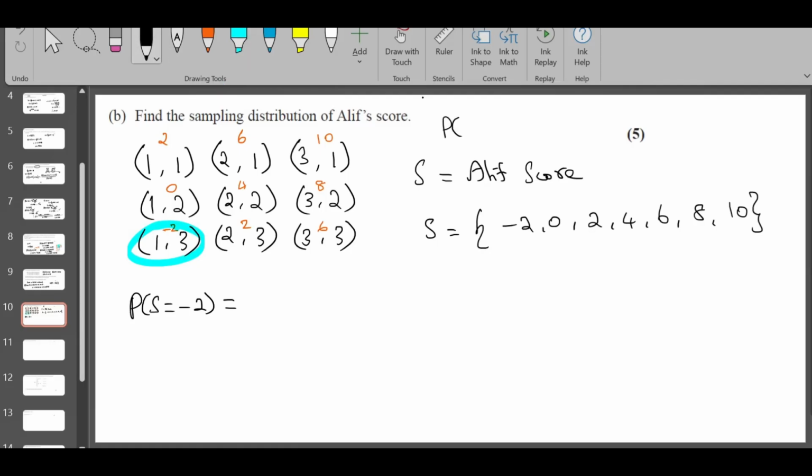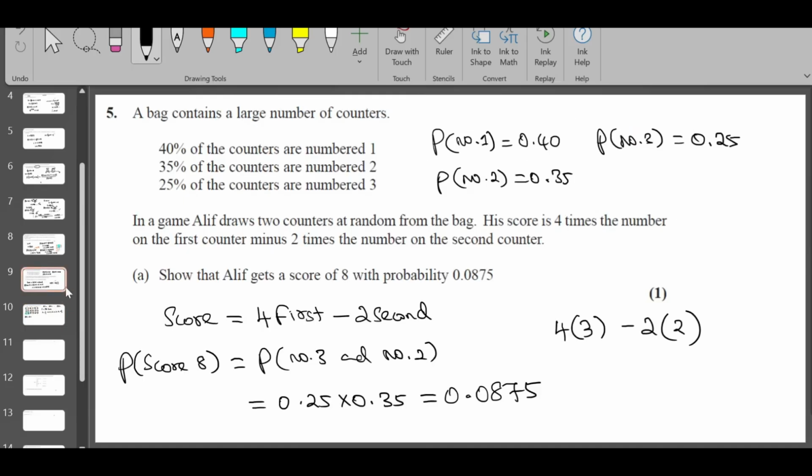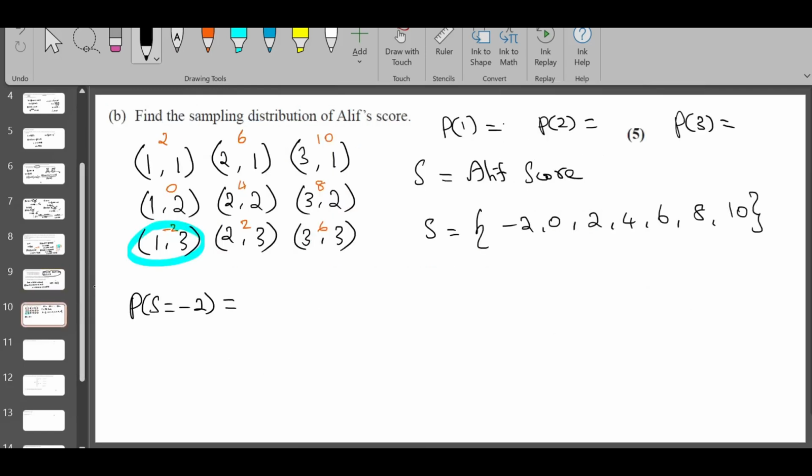P of number 1 is 0.4, P of number 2 is 0.35, P of the counter with number 3 is 0.25. So when S is minus 2, the numbers are 1 and 3. So you need to take the probabilities of 1 and 3.